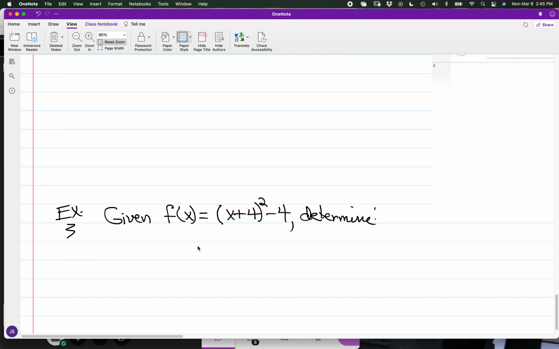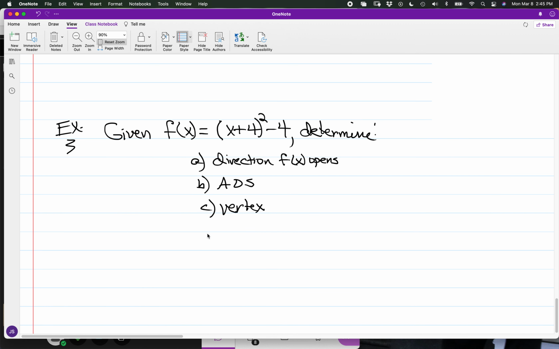Again, just using these as the building blocks: the direction f of x opens, the axis of symmetry, the vertex, and also the x-intercepts and the y-intercepts.